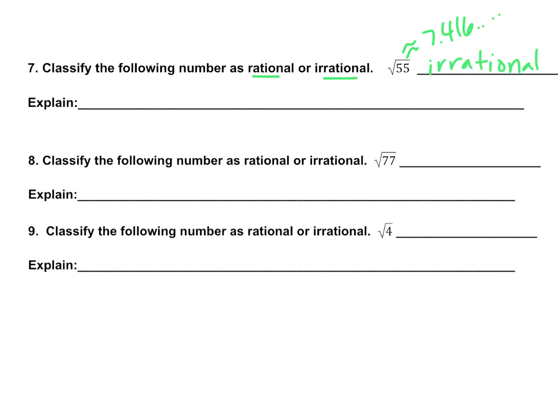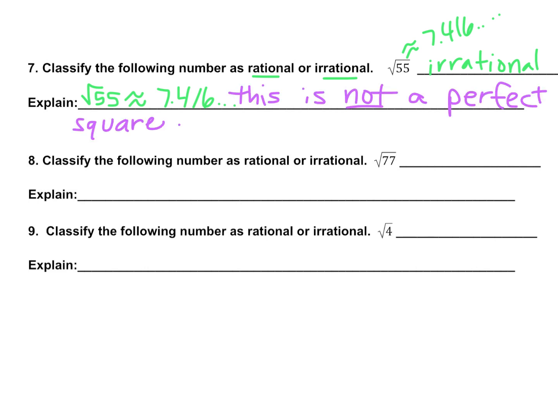And then we can explain it. So we could say something like it's approximately 7.416, which is a decimal that doesn't terminate. It's not a perfect square. It doesn't terminate or repeat. Okay, so I think if you say it's not a perfect square, that should be sufficient.